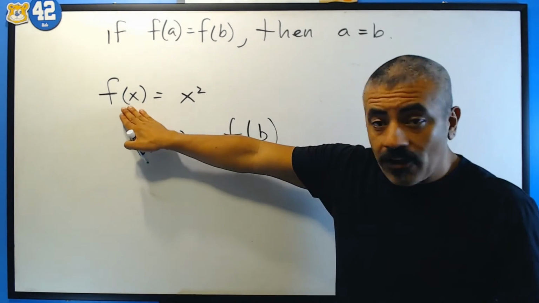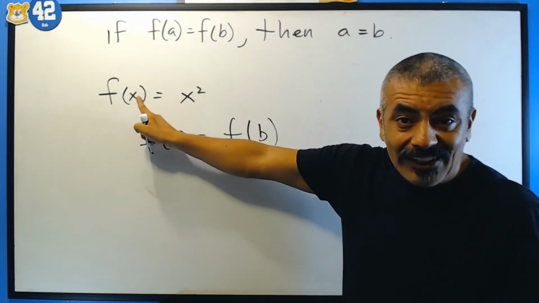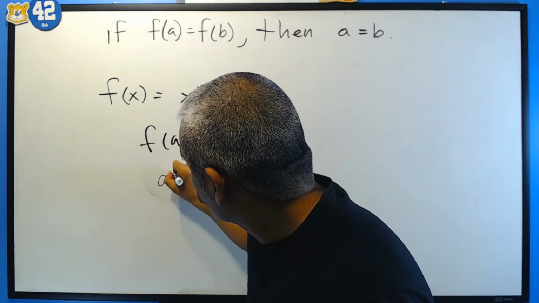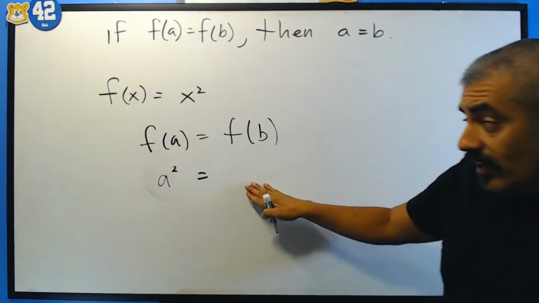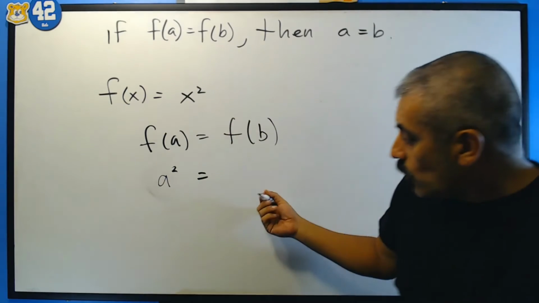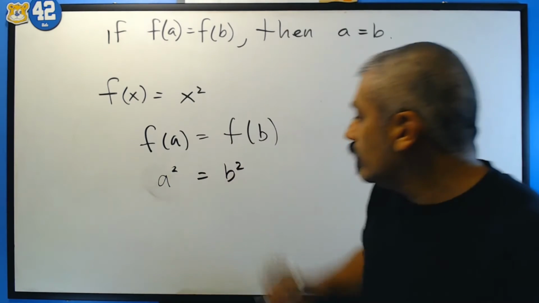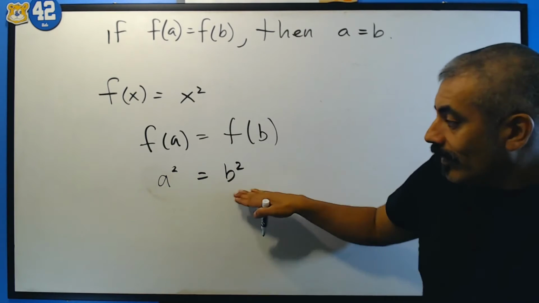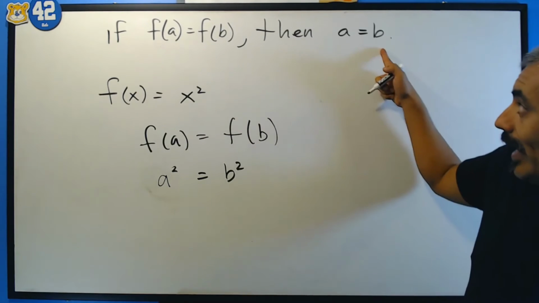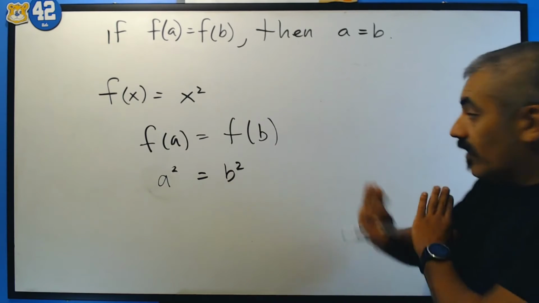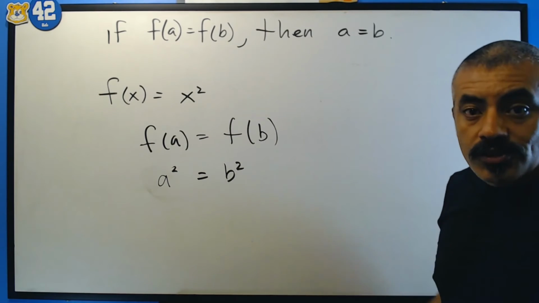Now we're going to take our f and plug in a here, so now we have a squared equals, for the other side, I'm just going to take b, plug it into my f, and get b squared. And finally, we're supposed to show that this can reduce to a equals b. And if this reduces to that, we're good. If it doesn't, then this function is not one-to-one.